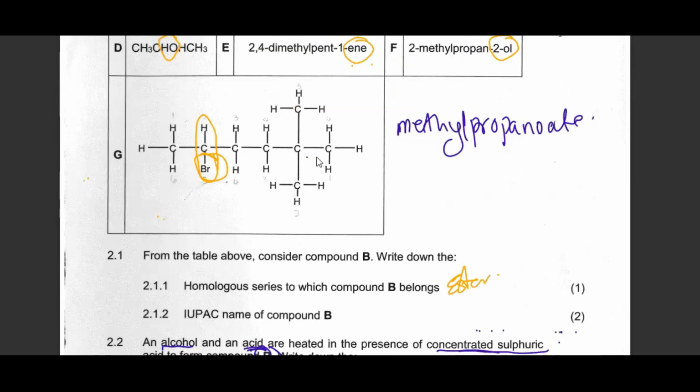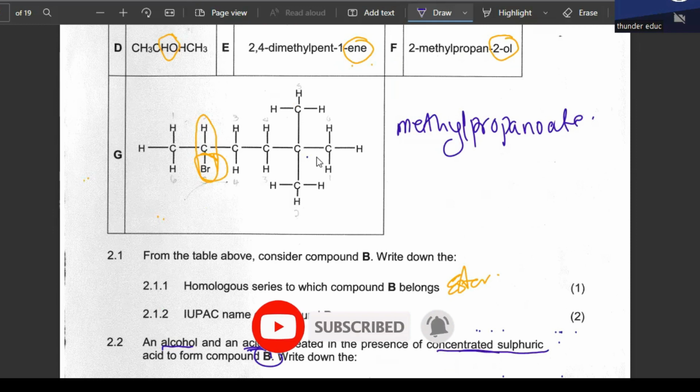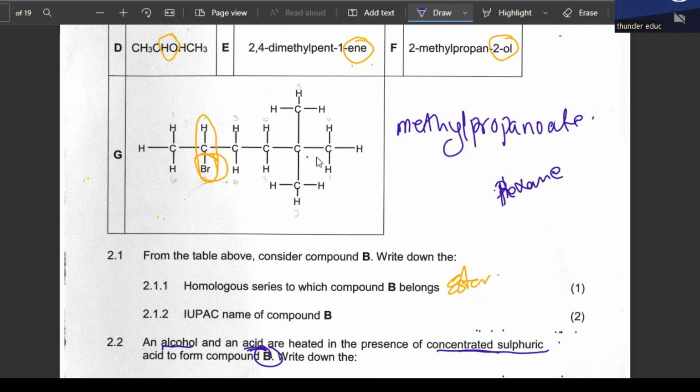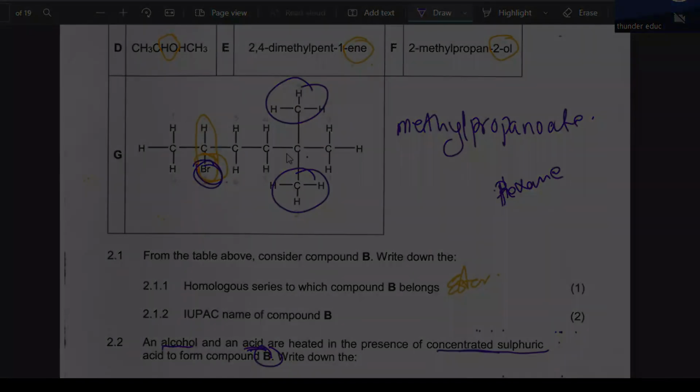G, so it's 1, 2, 3, 4, 5, 6. So it means that 6 is hexane. Because this is the functional group, I'm going to count from this side.